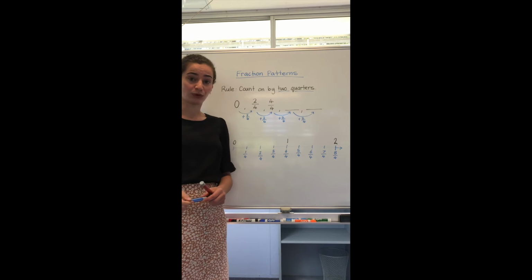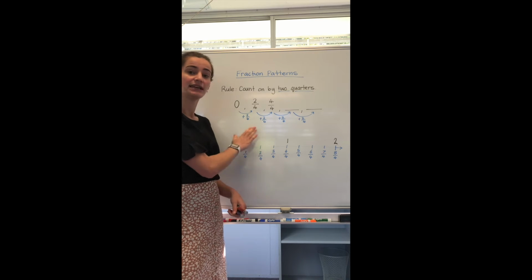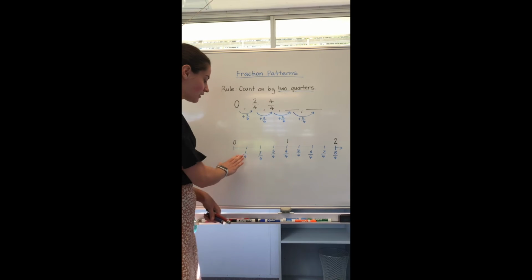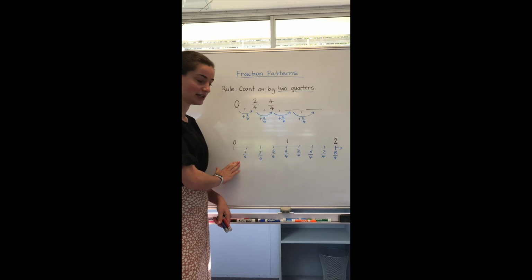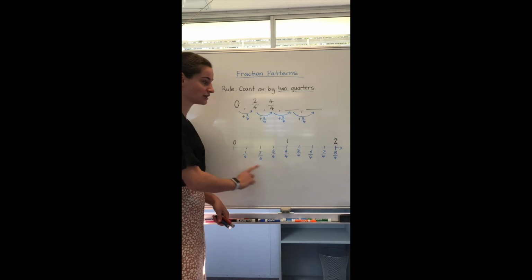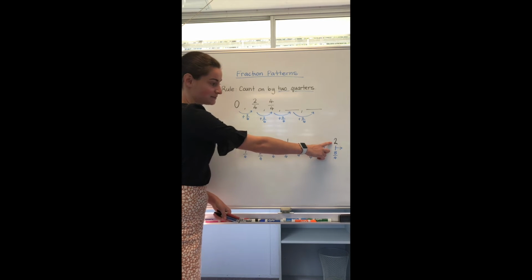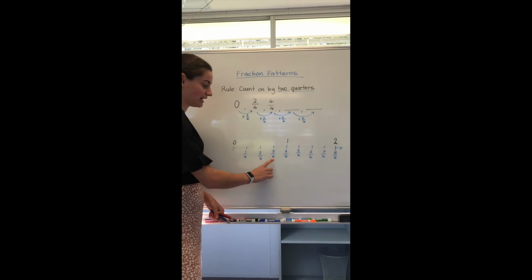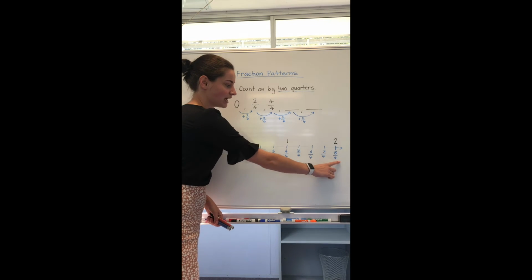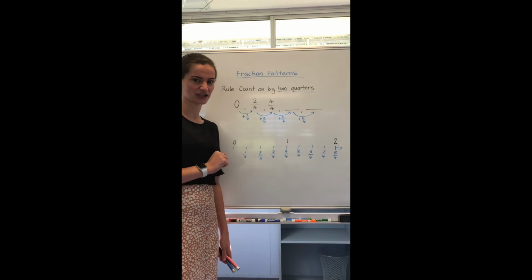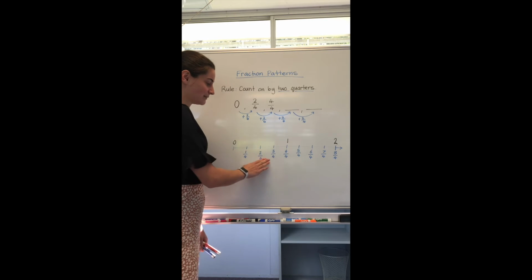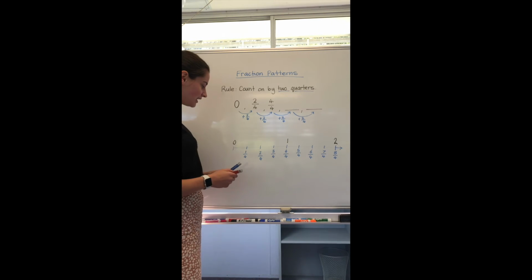What can help us with our fraction patterns is drawing a number line. I've drawn this number line down the bottom here, going from 0 wholes to 2 wholes. And in between, I've written each of my quarters. And you can see that I've written them as an improper fraction to help us out. So here we can start.